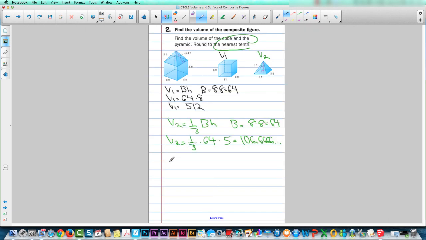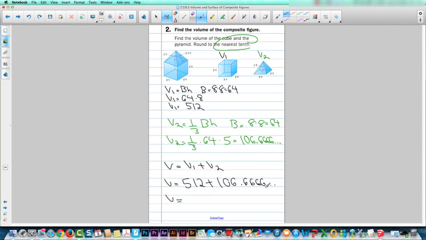Now I'm ready to find the total volume, which is equal to the volume of the rectangular prism, V1, plus the volume of the pyramid, V2. V1 was 512. V2 was 106.6666 dot, dot, dot.